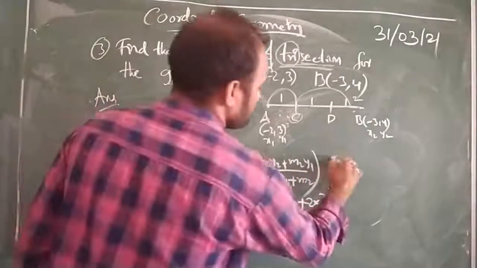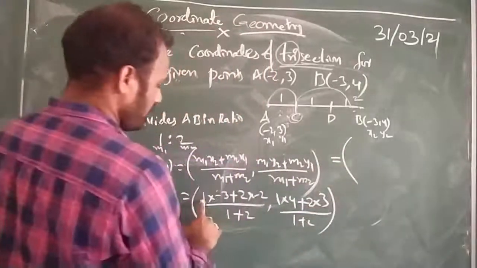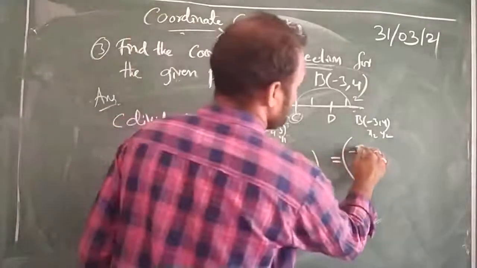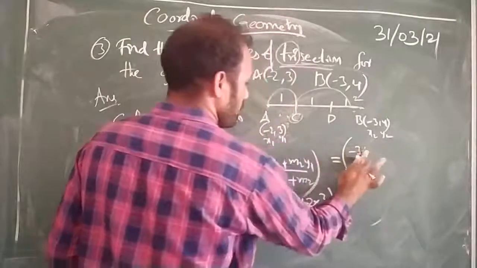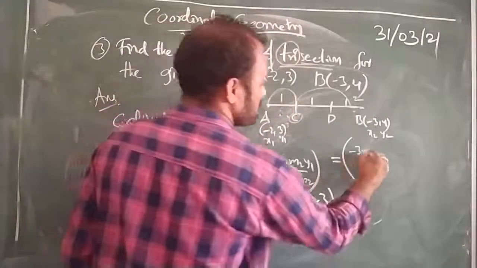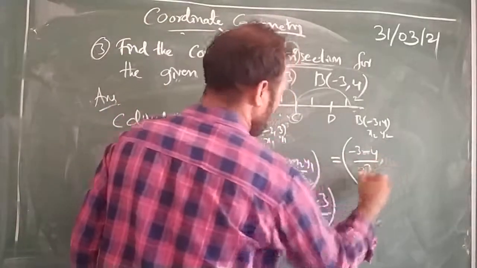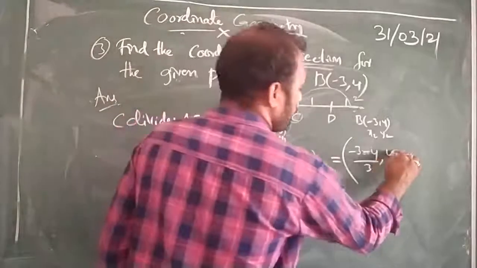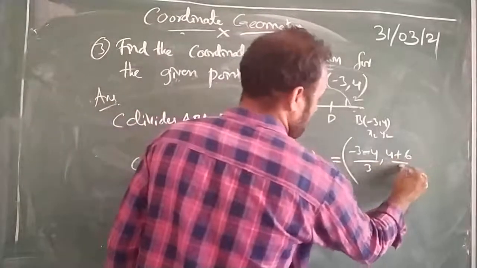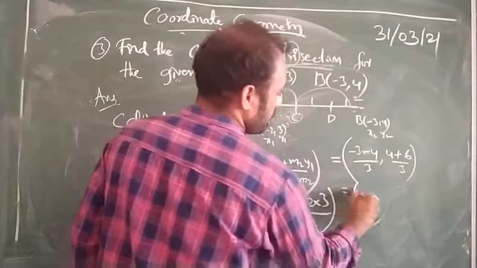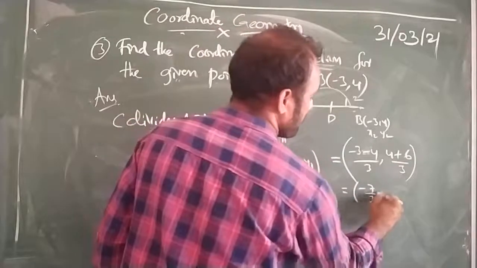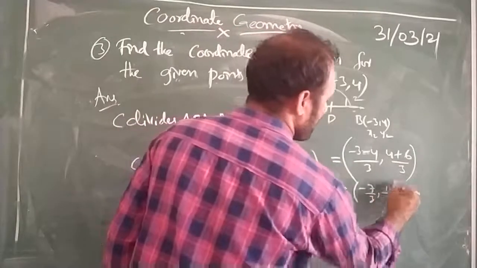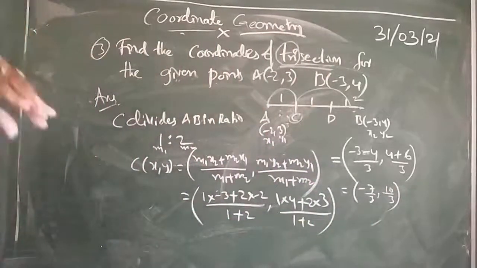So if I write the answer here: minus 3 minus 4 by 3 comma 4 plus 6 by 3. So the point is minus 7 by 3 comma 10 by 3. So this is the C point.